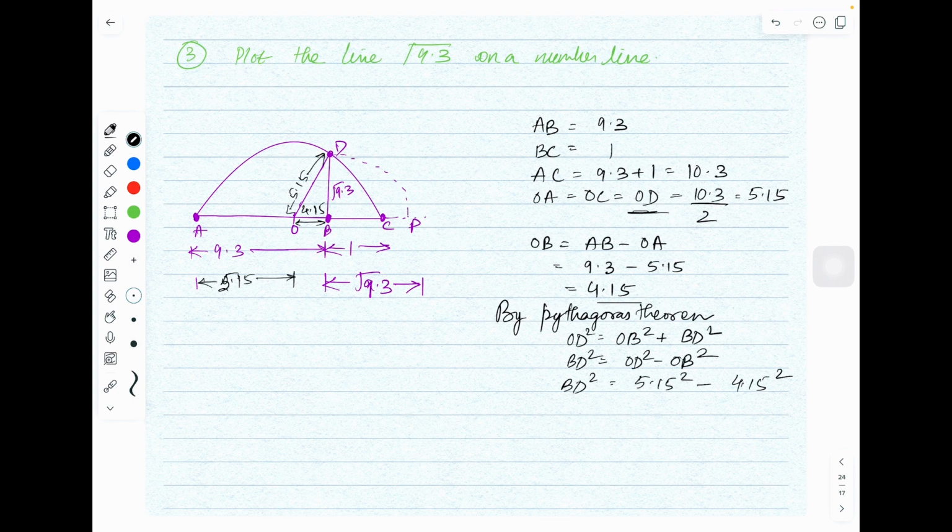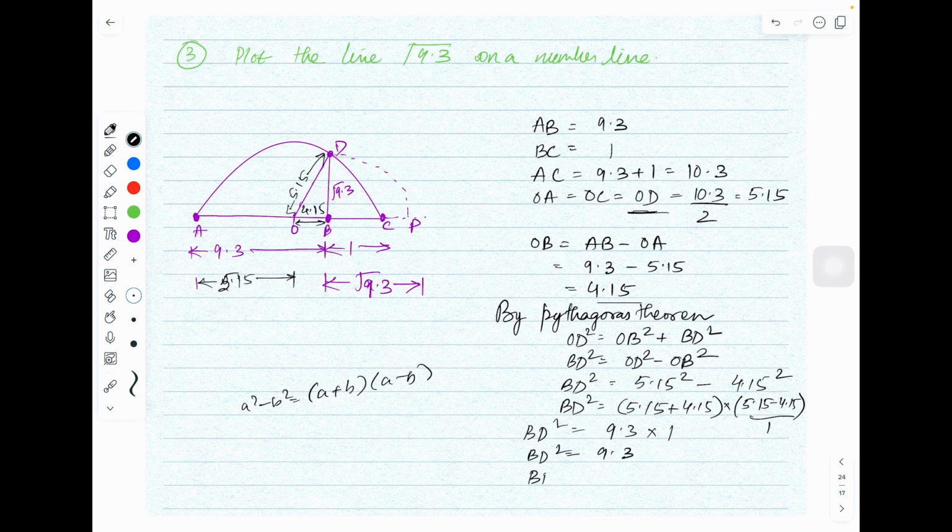This is A square minus B square, and we know A square minus B square equals A plus B into A minus B. So BD square equals 5.15 plus 4.15, that is 9.3, into 5.15 minus 4.15, that is 1. So BD square equals 9.3. So BD equals root over 9.3. Now we draw an arc with B as the center and BD as the radius. So we are getting BP.